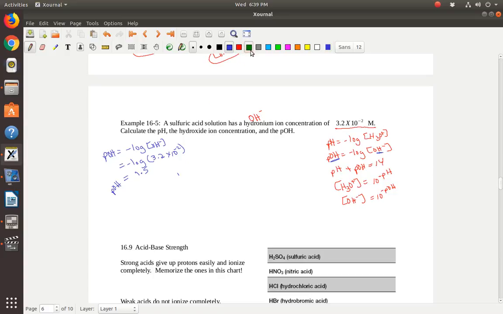Alright, now that I know the pOH of 1.5, I can use this formula. I just figured out this. So I now can figure out the pH. So pH plus pOH equals 14. I just figured out that pOH is 1.5. So I just have to subtract 1.5 from both sides. So what's 14 minus 1.5?